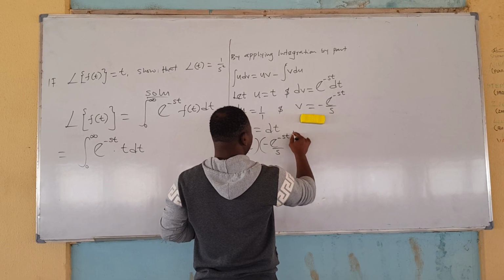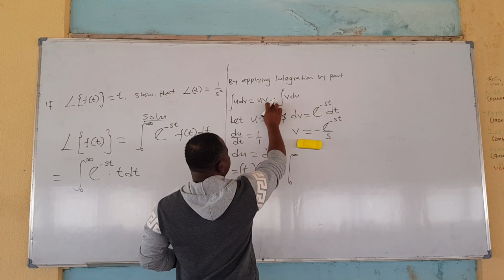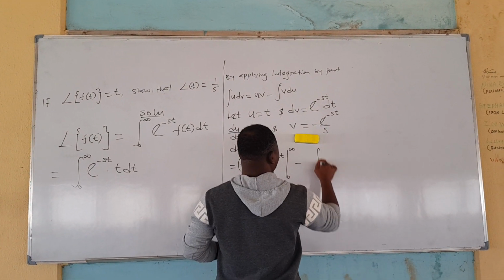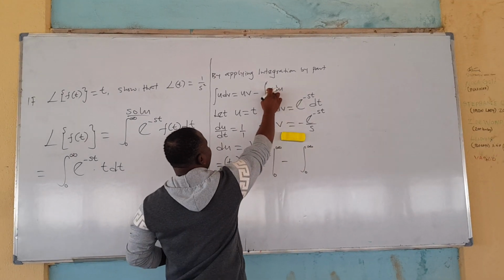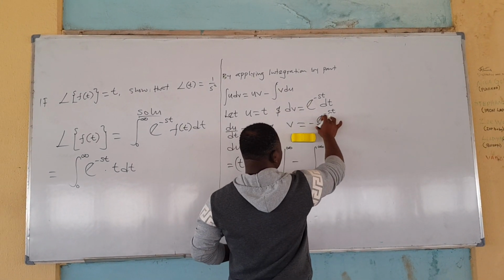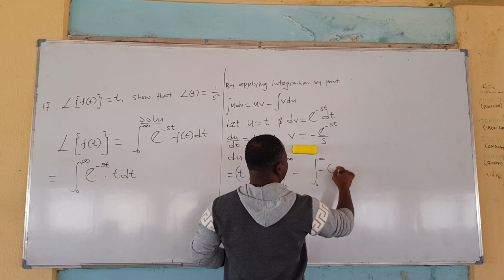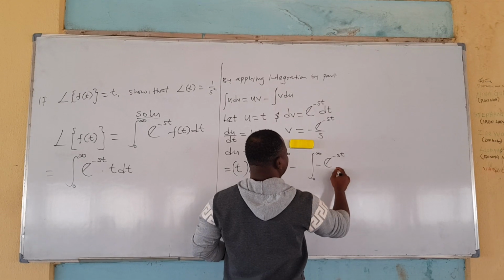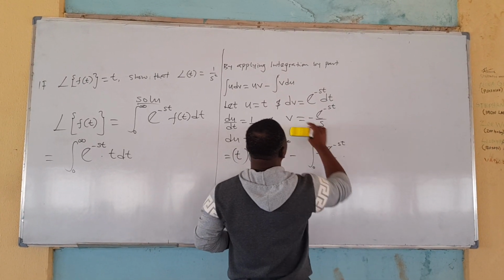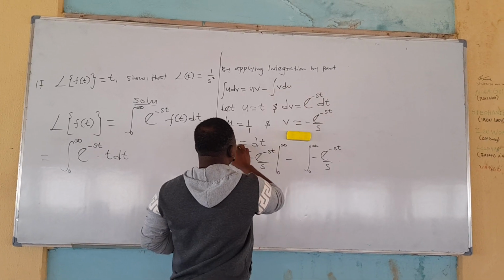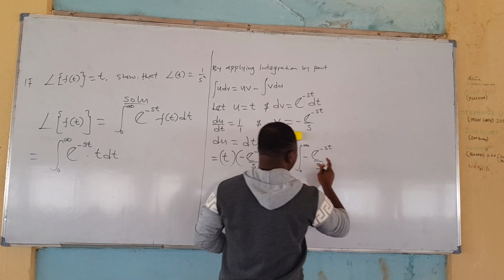Then minus the integral from 0 to infinity of our ordinary v, minus exponential minus st all over s, times our du, which is dt.